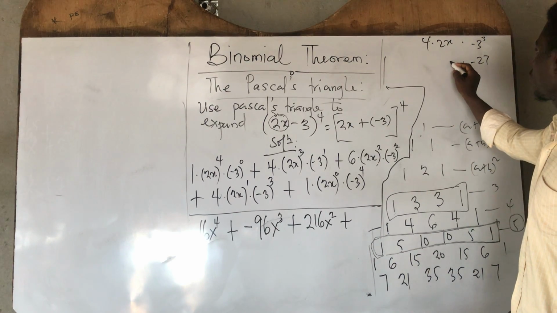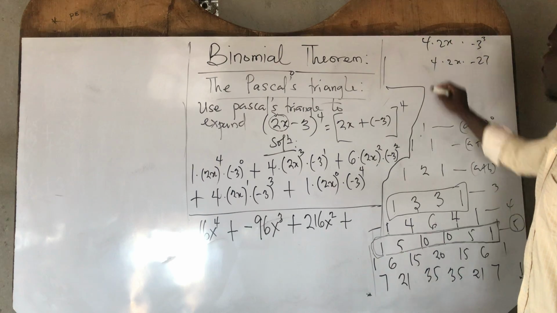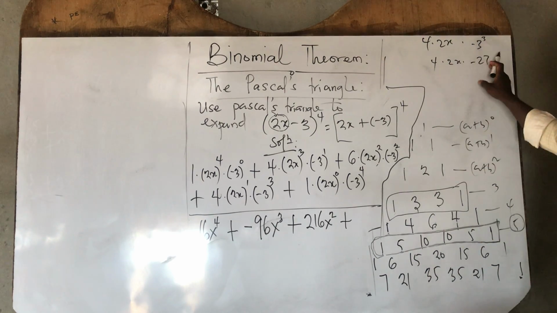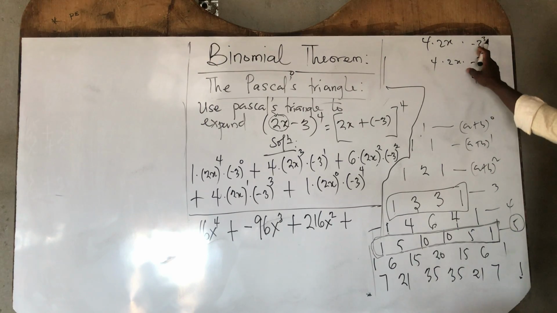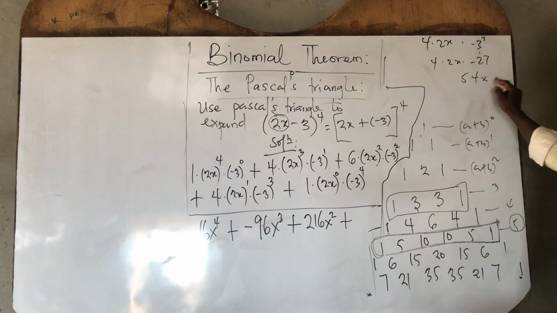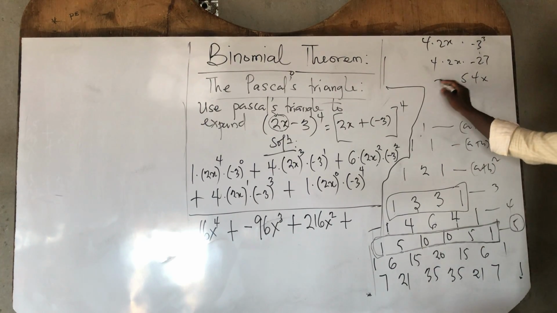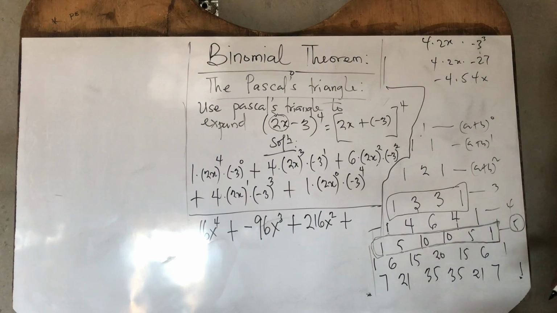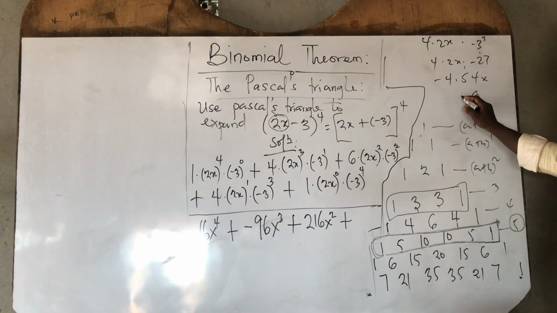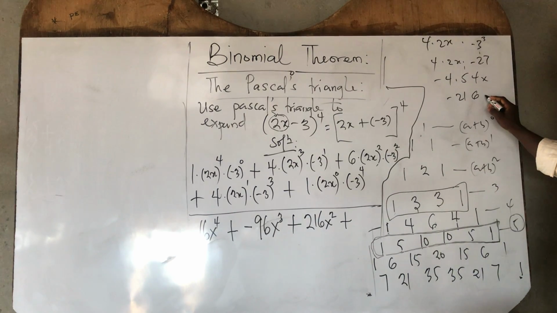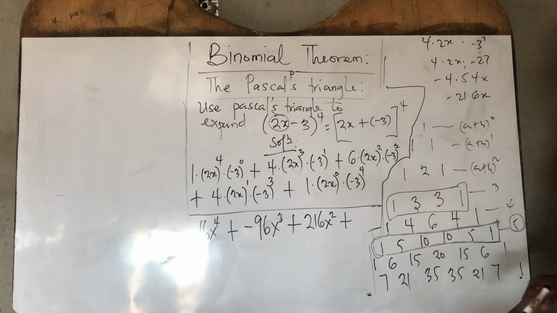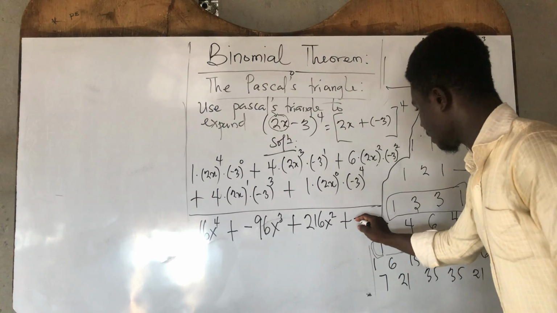Then times my 2x, then times my 4. Now 2 times 7 gives 14, carry 1; 2 times 2 is 4, plus 1 is 5. So I have 54x, that's minus. Then 4 times 4 is 16, carry 1; 4 times 5 gives 20, plus 1 is 21. So I have minus 216x.